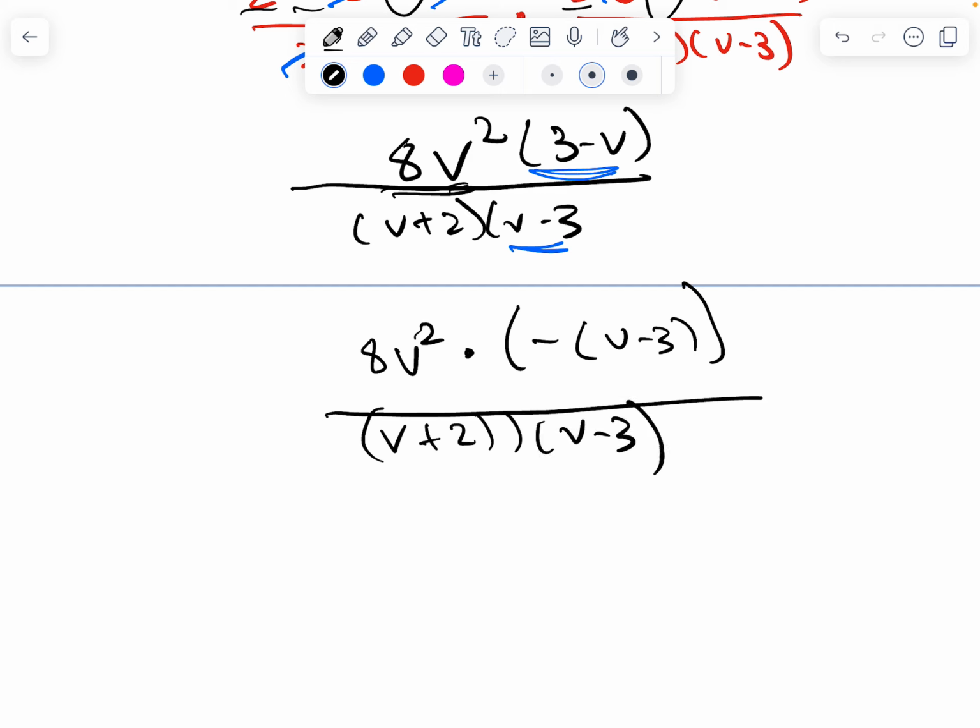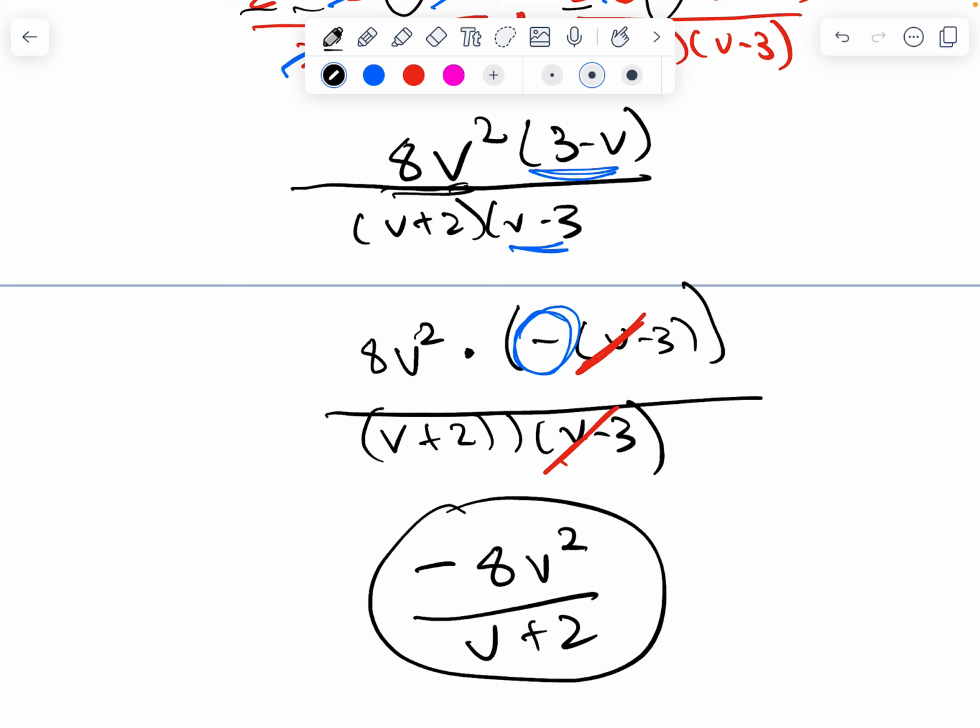Now we can cancel those two terms off. The v minus 3 and the v minus 3 cancel, but it leaves behind a negative sign. So we have to factor that in our final answer, which will be negative 8v squared over v plus 2. Okay, so that one had a bit of a trick in it.